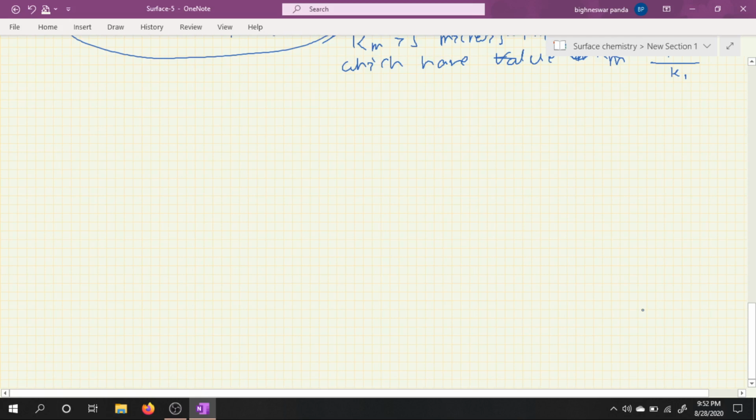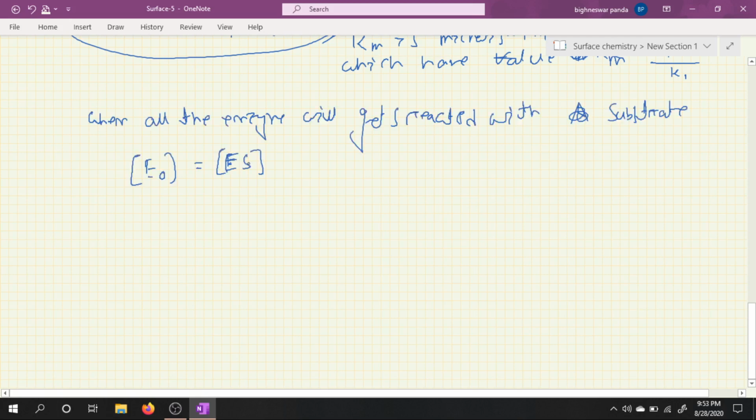Then the concentration of E naught, the total enzyme we have taken, will be equal to the concentration of enzyme substrate complex. So we have rate is equal to K2 into ES from equation 1.